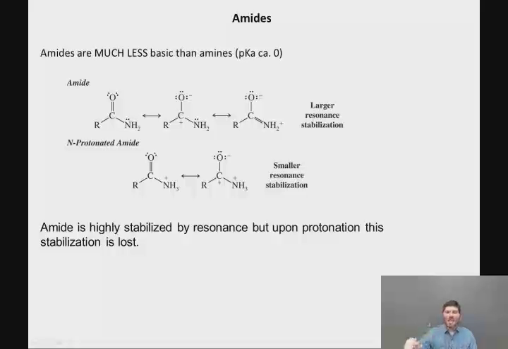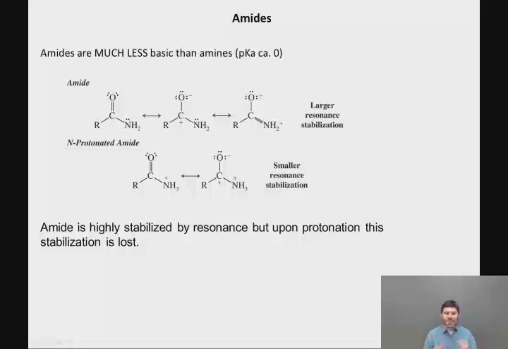And once again, in this third structure, the nitrogen does not have a lone pair on it anymore. It has a positive charge, so it is not basic at all. If you protonate the amide, then you cannot make this third resonance structure because there is no lone pair left on that nitrogen. It has already been used up in the protonation. So then you only get that second resonance structure, and that's now a particularly poor resonance structure because you have two positive charges right next to each other.